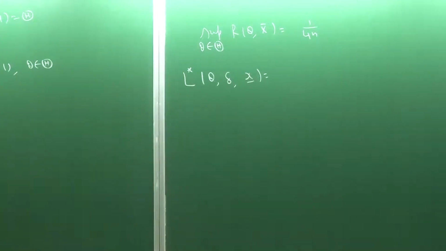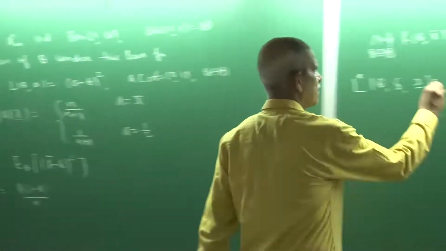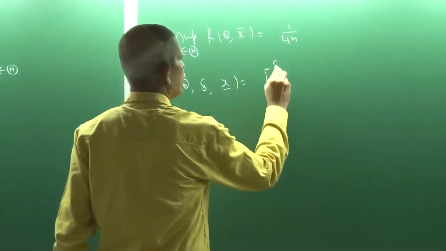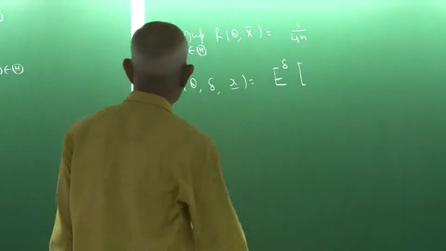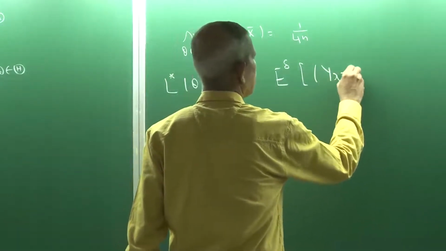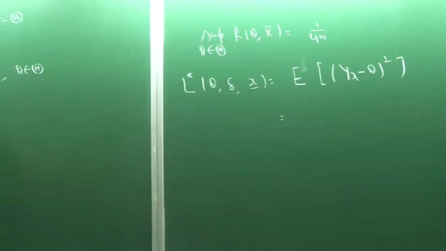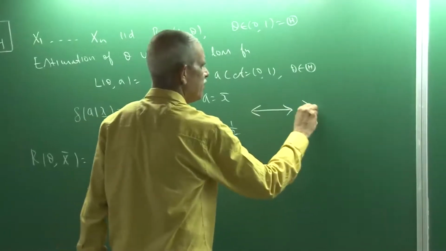So this is the expected value with respect to delta of (a minus theta), which is (Yx minus theta) whole square. The corresponding random variable is denoted by Yx.